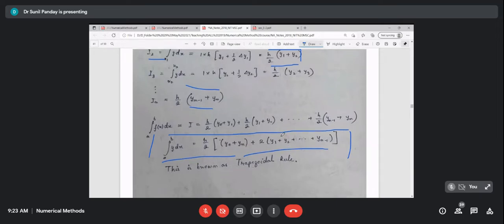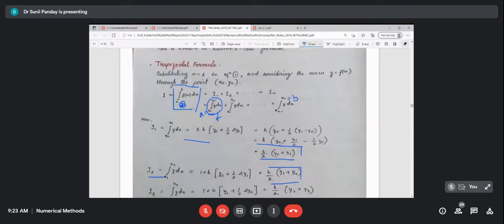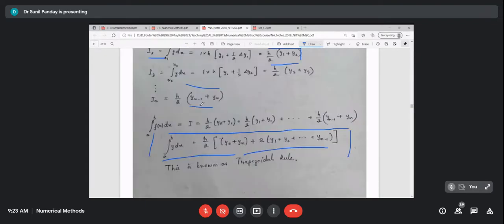Now we find the error we are getting in the trapezoidal rule. We calculate this using the numerical method, and we can also calculate it using the analytical method. So what is the difference between this numerical value and this analytical value, what is the error actually?